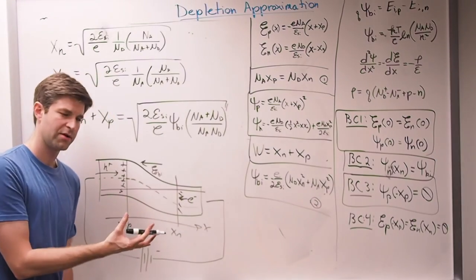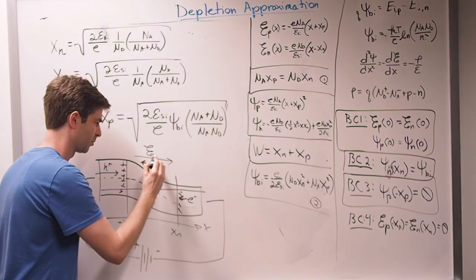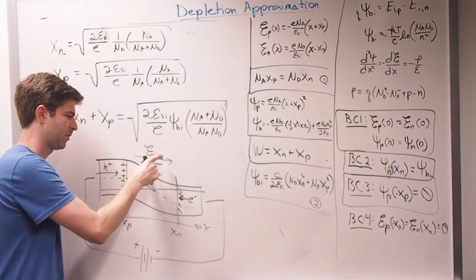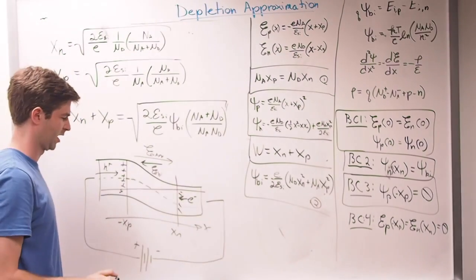Well, now with this battery on here, we get an applied electric field. And what happens is these two fight together, and it's going to lower this barrier height right here.